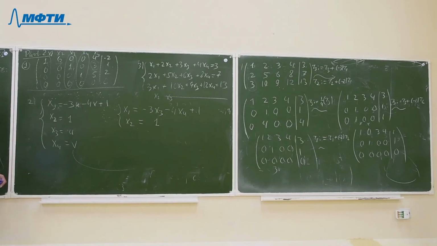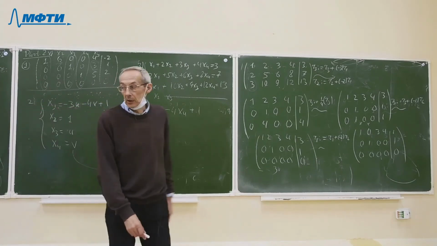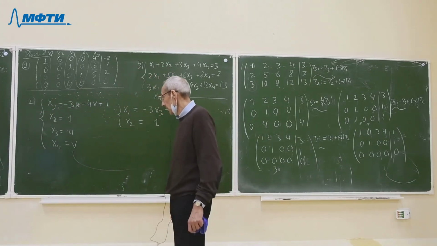And we obtain the expression of all unknowns in terms of the two parameters u and v. In this way, we can obtain various partial solutions.